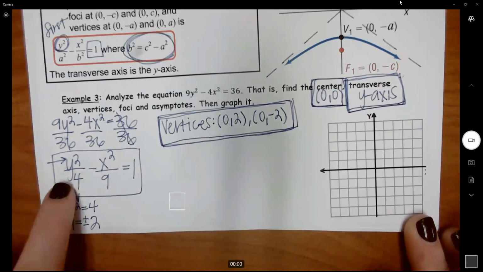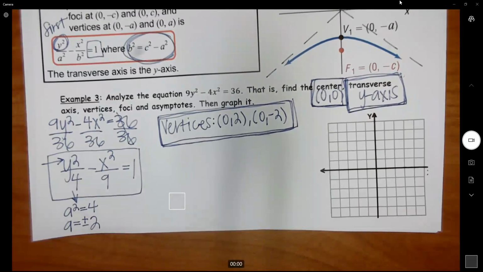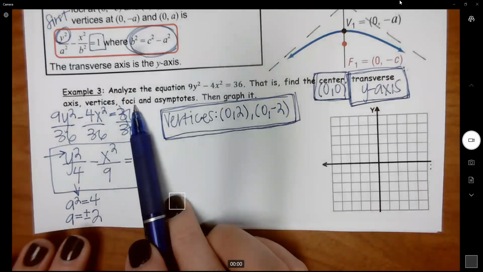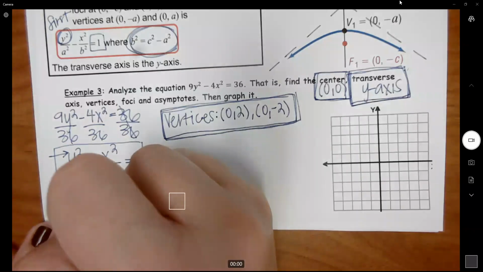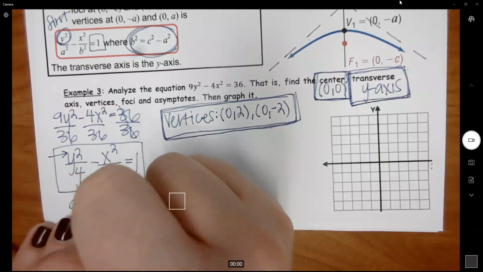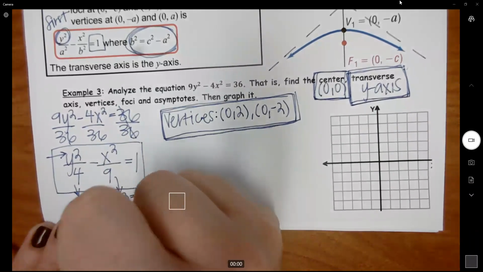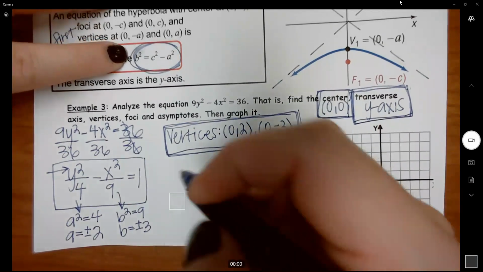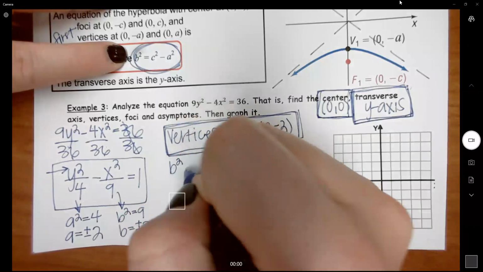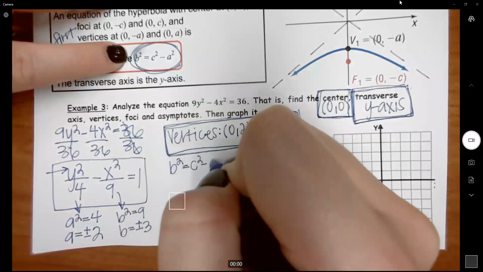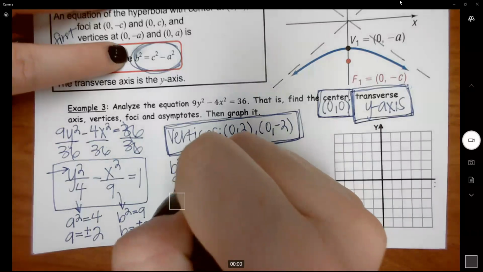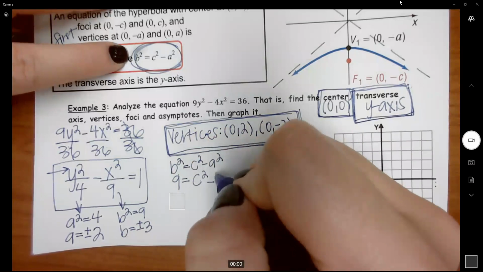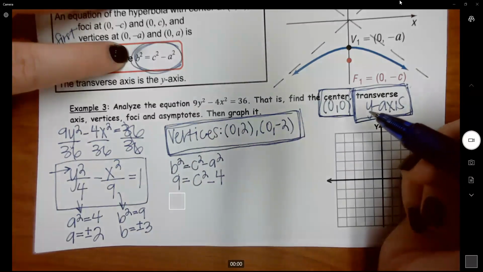Making those a little bit more bold, because this is technically not an answer. My foci are my C. I don't have C, I only have A and B. My B squared here is 9, which means B is plus or minus 3. So I can use this formula to help me find C: B squared equals C squared minus A squared. B squared is 9, we don't know C squared, and then minus 4 for my A squared.